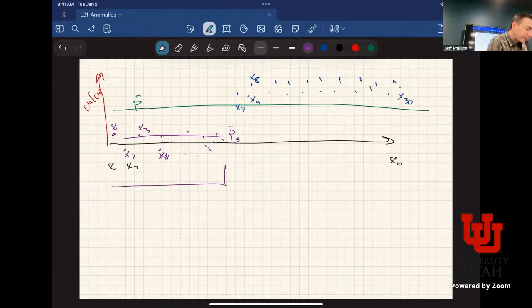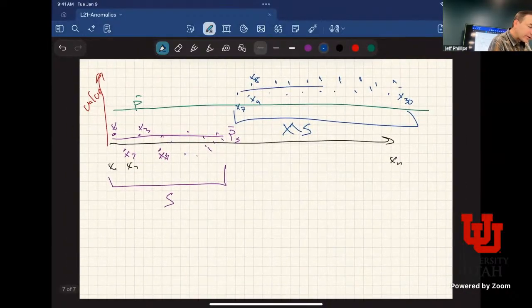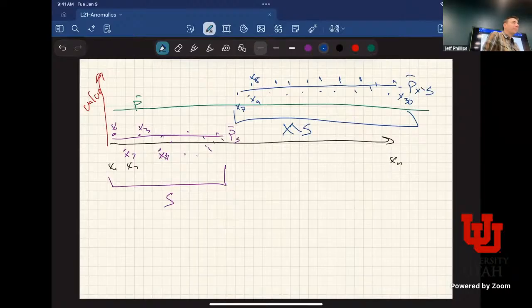Let's say there's some subset S. And then this subset here, this is X set minus S, and I will fit the mean of all of this data here as well.